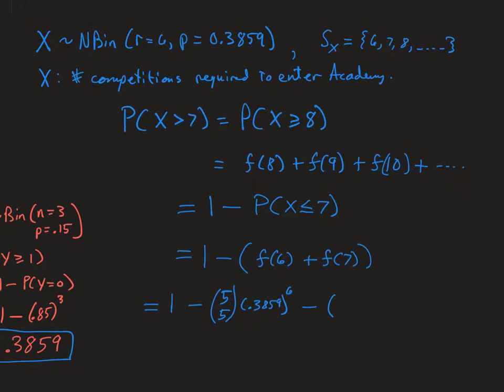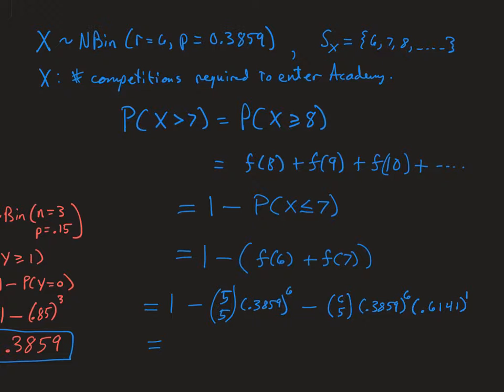And then in the next one, I would have an x value of 7. So this would be 6 choose 5, times 0.3859 to the 6th, times 0.6141 to the 1st.